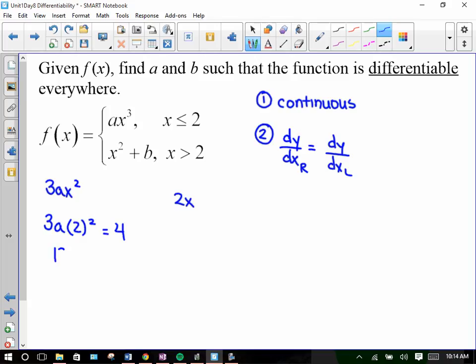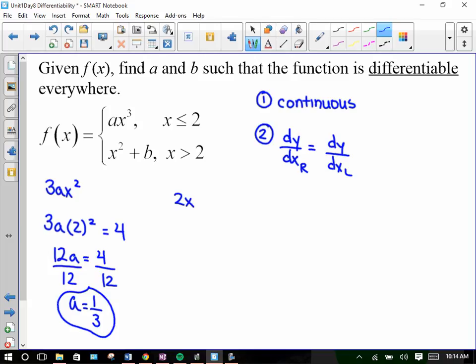So we're going to have 12a is equal to 4, divided by 12. You get a is equal to 1/3. Okay, so you found A. 2 squared is 4, 4 times 3 is 12. So that's okay. So A is 1/3.